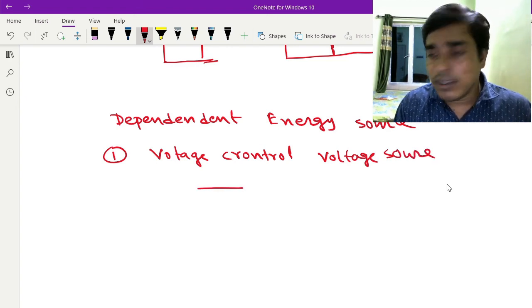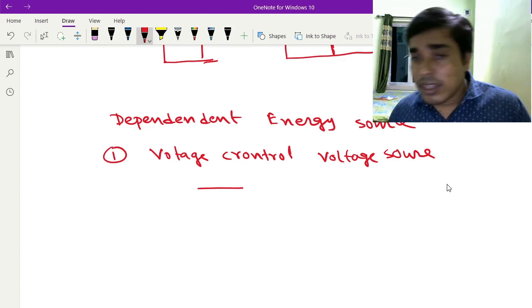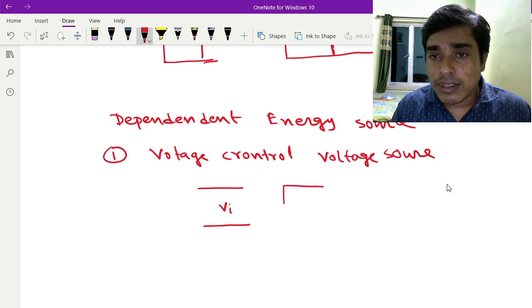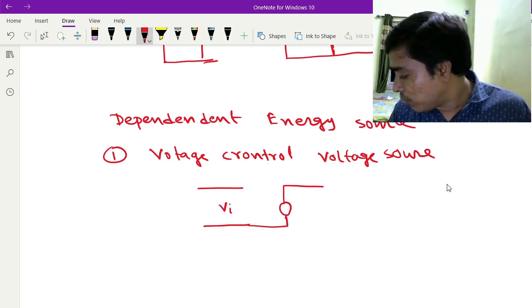Suppose this is Vi. So this is a voltage. Suppose this voltage is a voltage controlled voltage source.